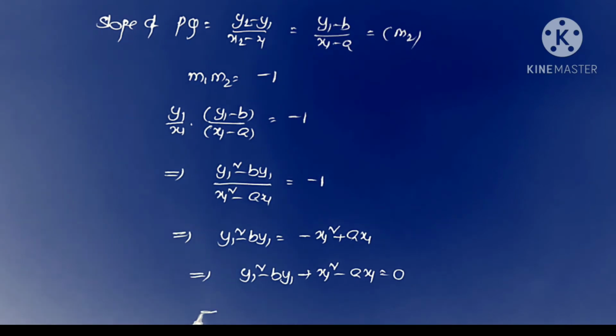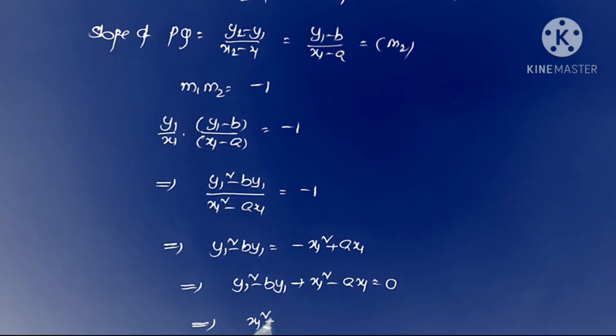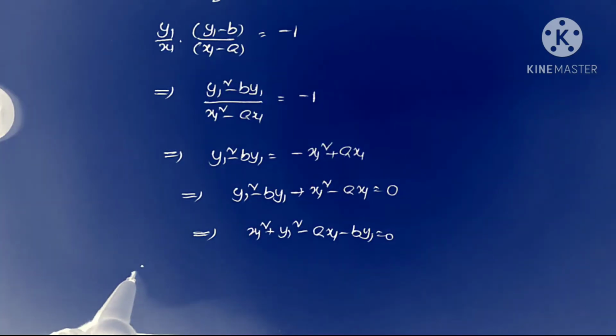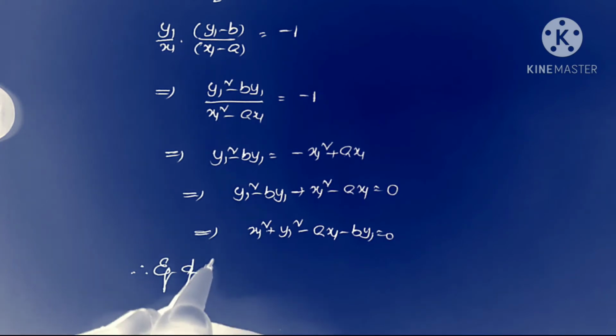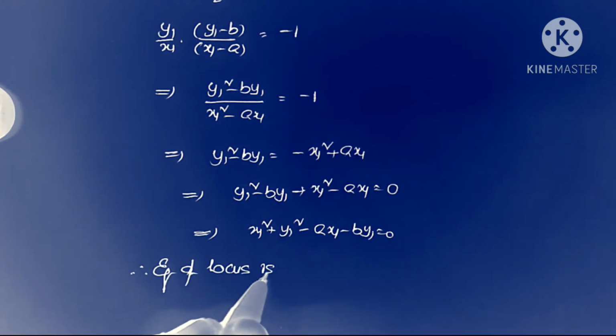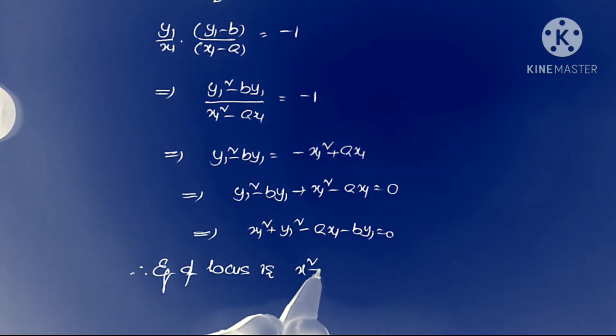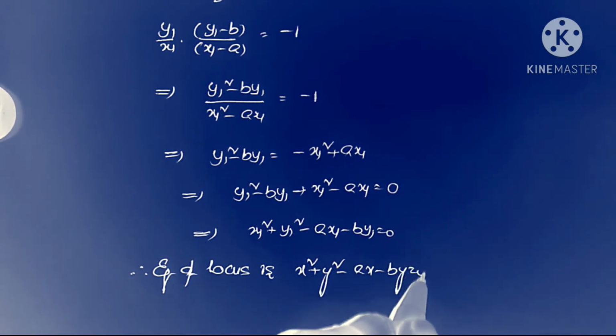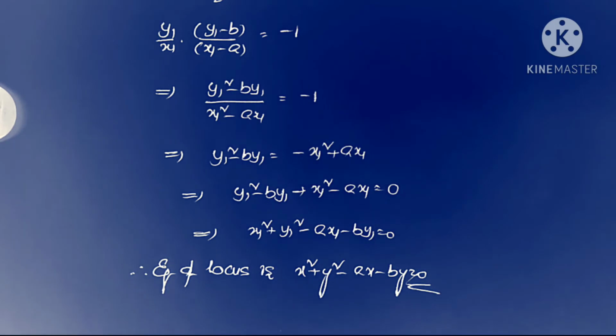Writing these terms, the answer is x1 square plus y1 square minus a x1 minus b y1 equal to 0. Therefore the equation of the locus, in terms of x, y, is x square plus y square minus ax minus by equal to 0. That's all. This is the answer.